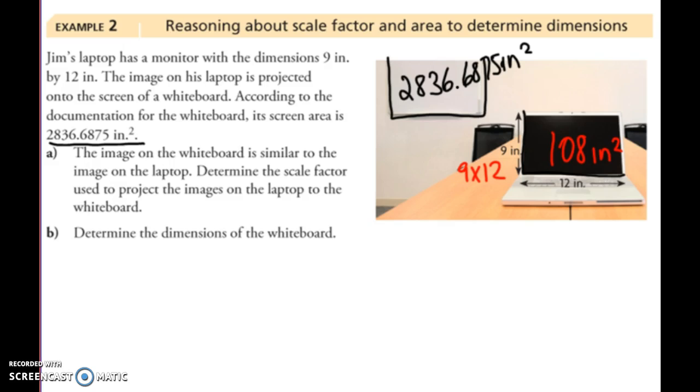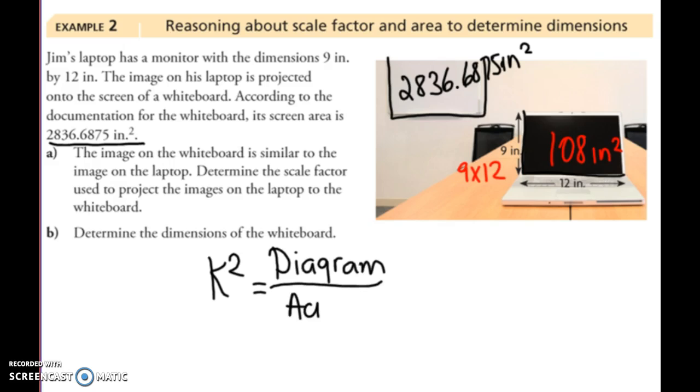Now it says determine the scale factor. Remember, the formula is k squared is equal to diagram over actual.